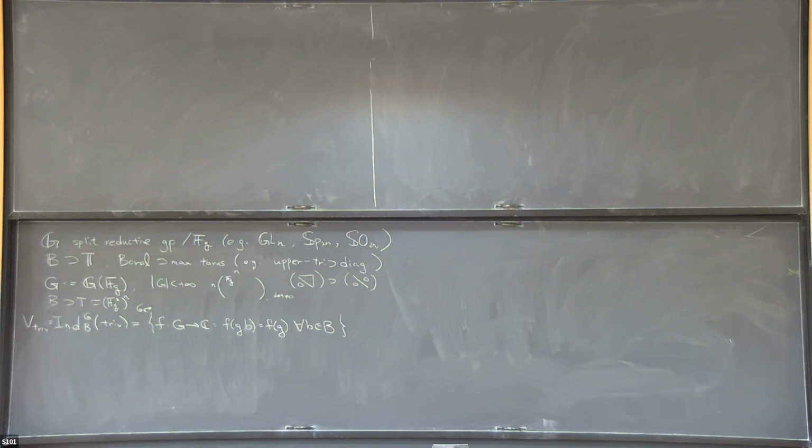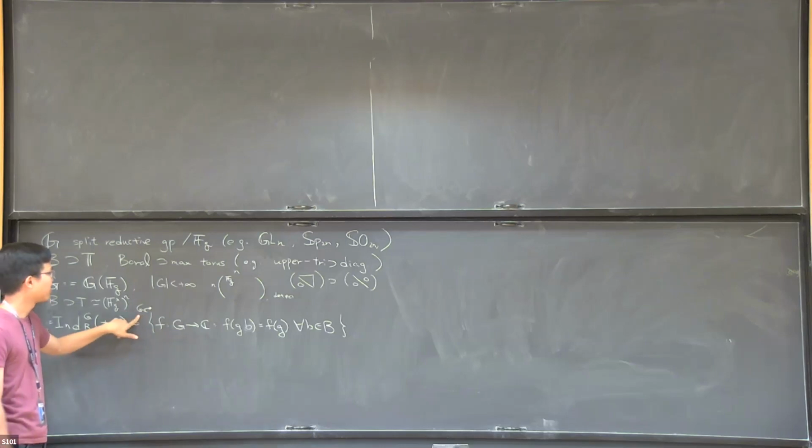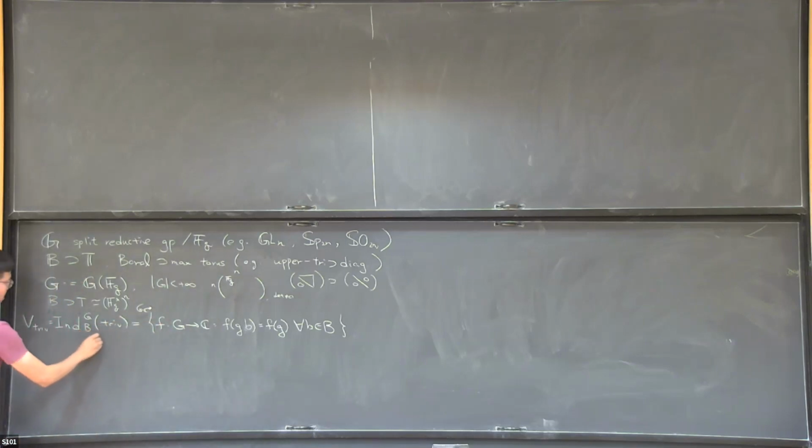In other words, this can be decomposed into smaller representations. As you can see, it has a smaller subrepresentation, because if you take a constant function, it will be invariant under this translation. So the trivial representation is in here.